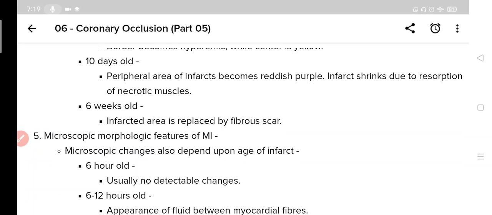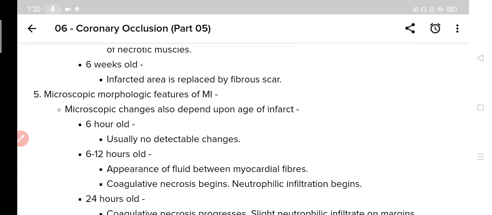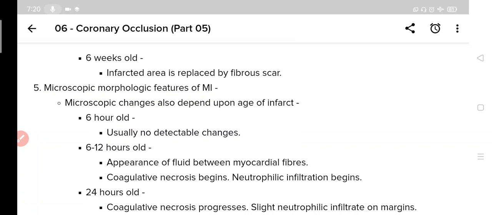As I already said, neutrophils come there to absorb necrotic muscle, and because they have reabsorbed the necrotic muscle, the infarct shrinks. And after 6 weeks, the infarcted area is replaced by a fibrous scar.